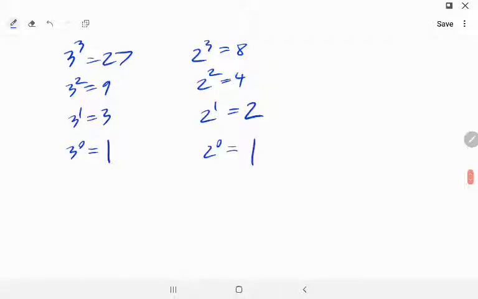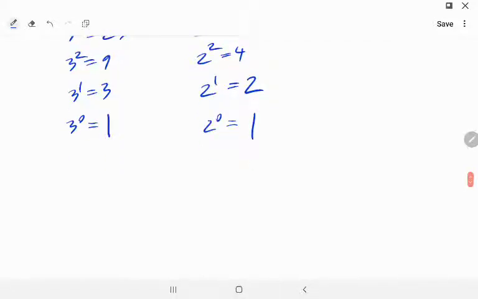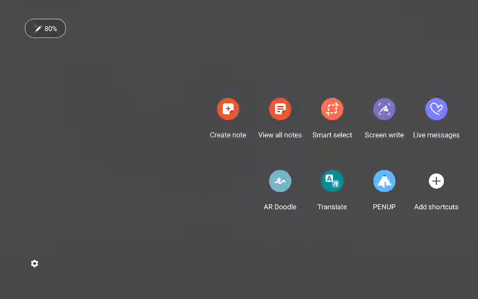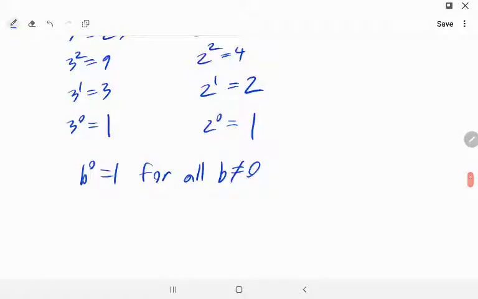And so it turns out b to the 0th is equal to 1 for all b not equal to 0. So it turns out that 0 to the 0th, oddly enough, is undefined.